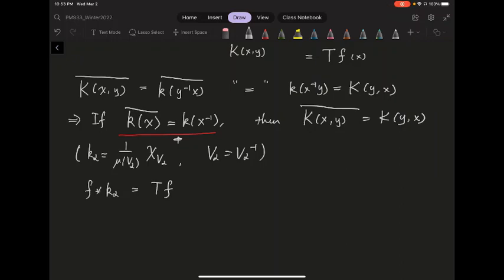So we have a nice spectral decomposition for this T. Basically, because it's compact and self-adjoint, we know its spectrum is going to lie on the real line, and each of these non-zero eigenspaces is going to be finite dimensional.